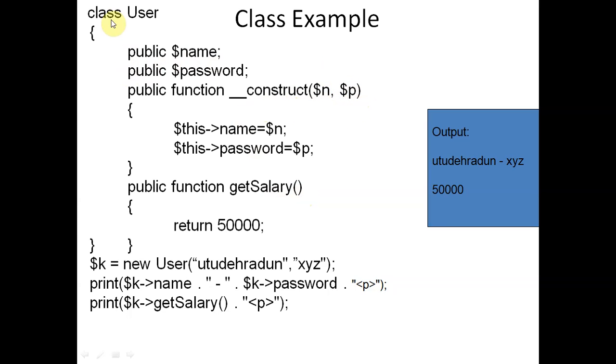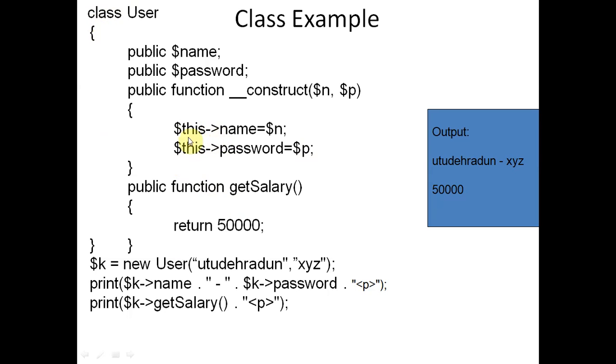And we have two member variables of the class, two class variables: the name variable and the password variable. The first variable is $name and the second variable is $password, and before these variables we must mention the $ sign. Now we are using the object of the same class inside the class, so we are using $this. This means the object. Suppose we are defining the object of the class inside the class, then it is this object.